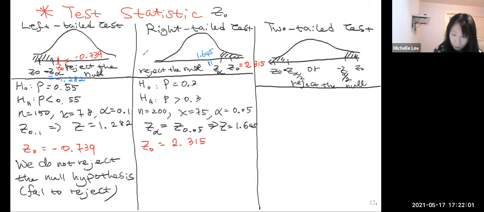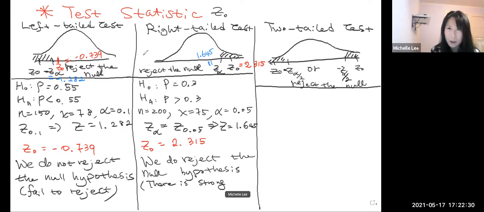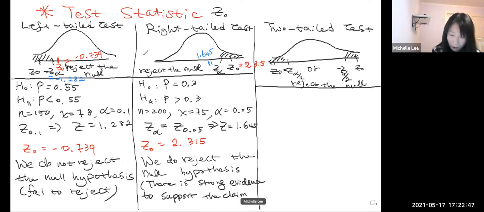So we do reject the null hypothesis. This means there is strong or sufficient evidence to support the claim, the alternative hypothesis.